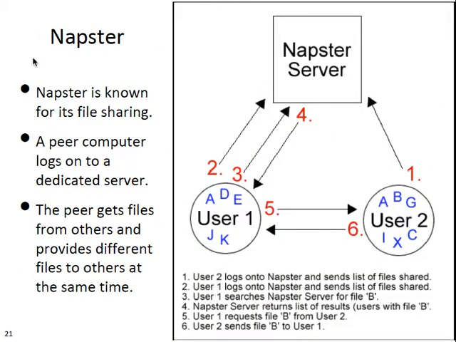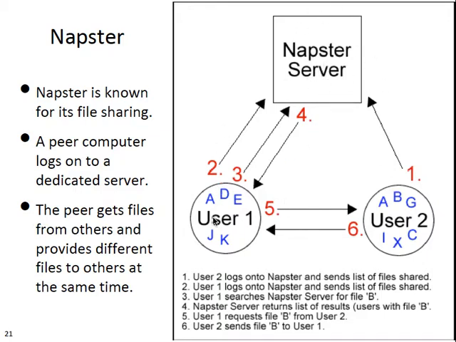So this Napster is one example of peer-to-peer. What it shows here is that user 1 and user 2, they are willing to share some of their files. It may be music, maybe software, or anything, or the photo they take, and they tell a hybrid server, okay, a Napster server.